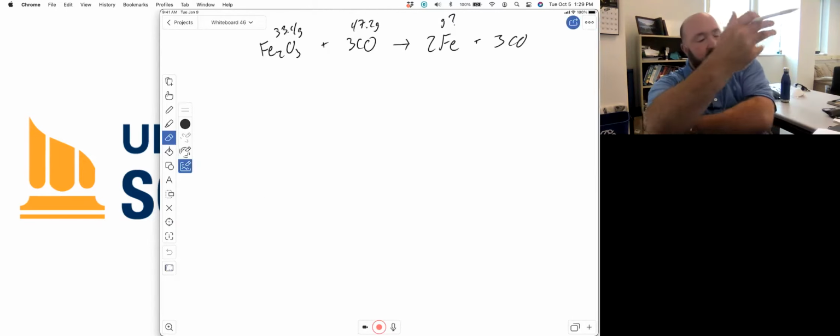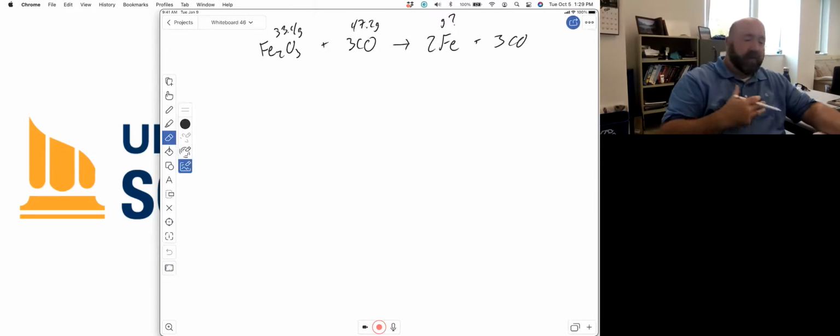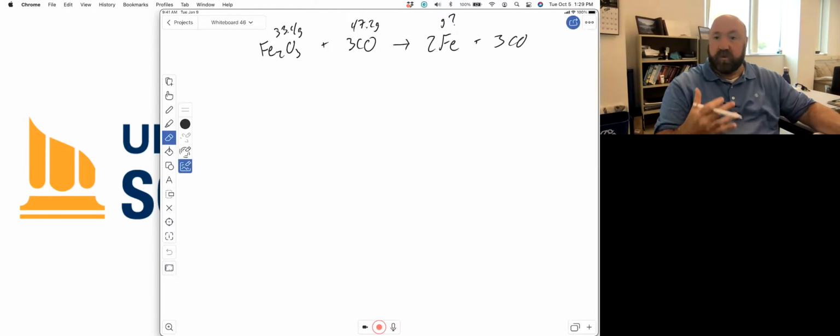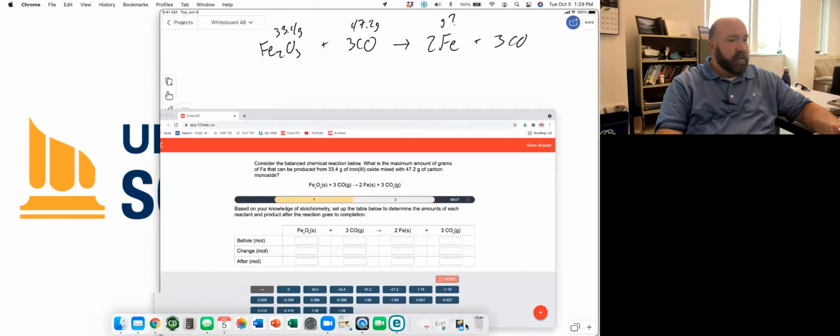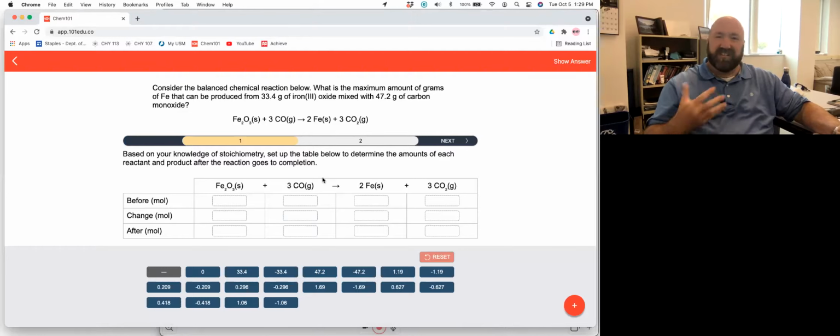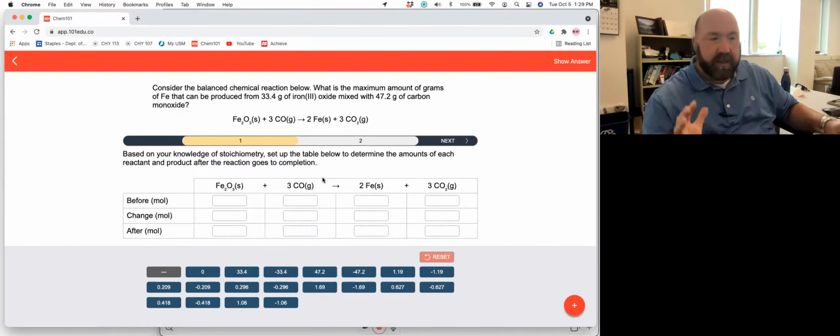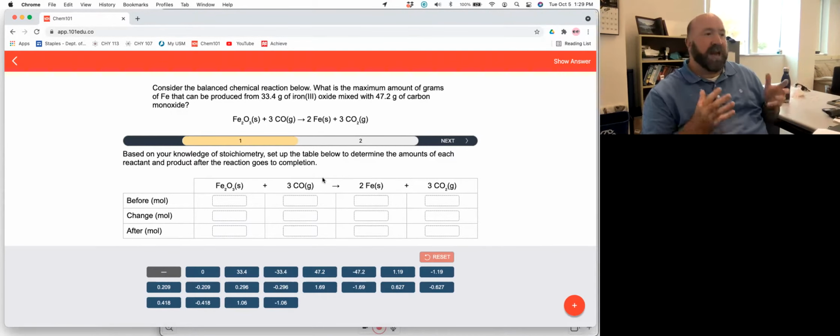It's not as easy using those methods, though, to find the amounts of the other reactants involved, which is sometimes required, or maybe the amounts of other products. That's where I also really like what we call the BCA table that Chem 101 uses. Let's take a look at how you would work with this table, and you'll also see how to set things up within the Chem 101 platform.